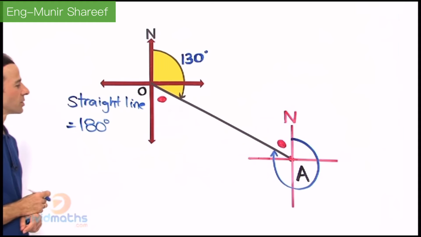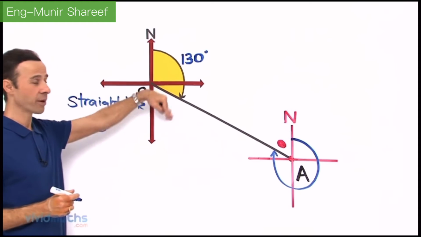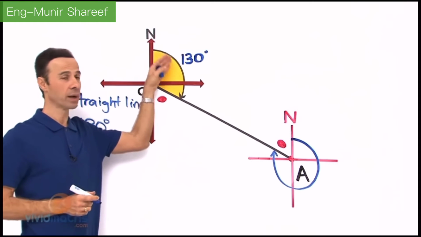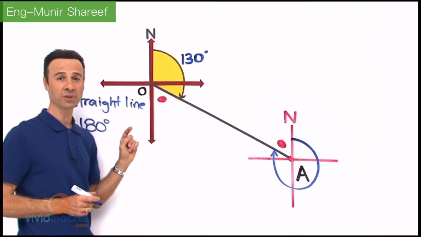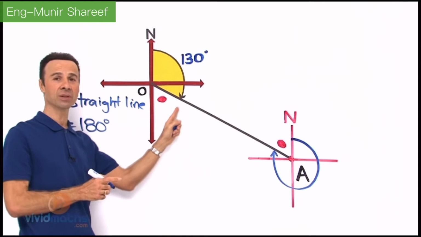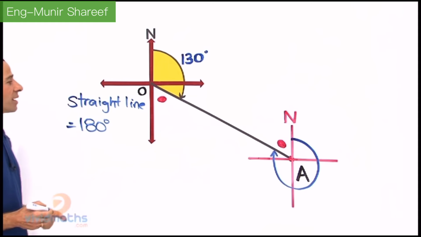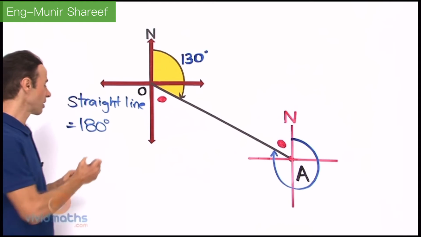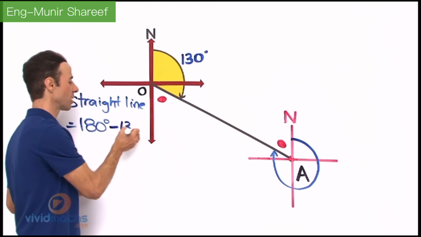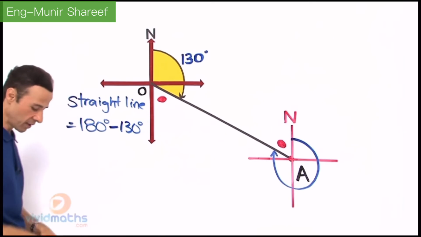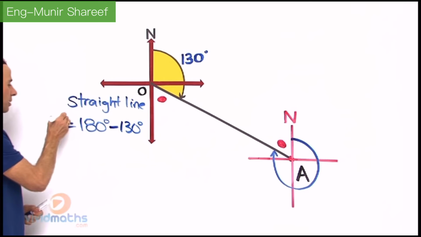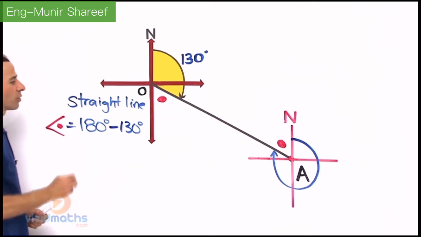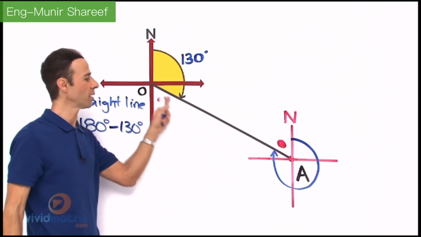If they equal 180 degrees all the way around and we're given 130 degrees, all we have to do is subtract the two and we're left with the red dot. So 180 degrees, take away what we have up here, which is 130. That's going to give us the angle of the red dot, and the angle of the red dot is that O here, OA.